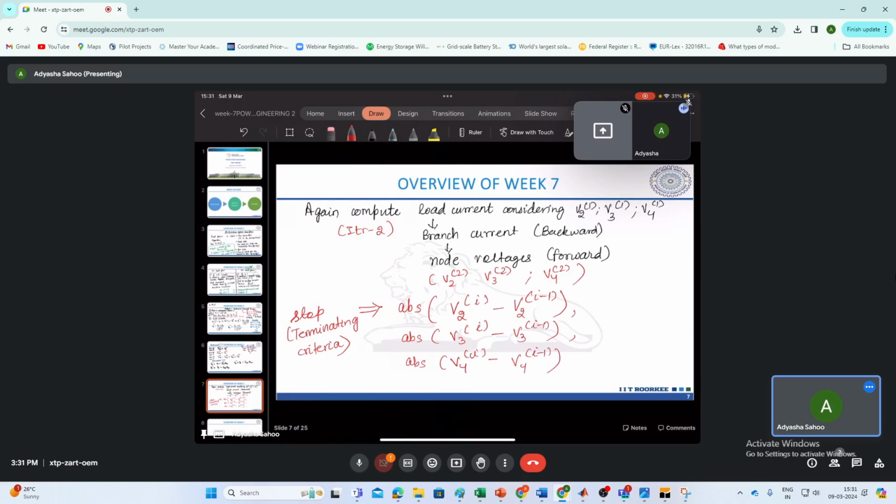And you will take the maximum of these absolute values, and if that is less than or equal to epsilon, where epsilon is your error magnitude that is acceptable, or we call it the convergence limit.